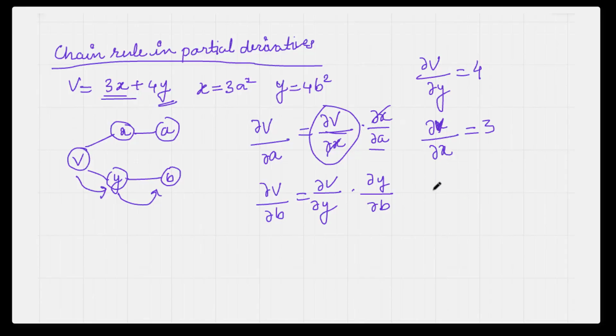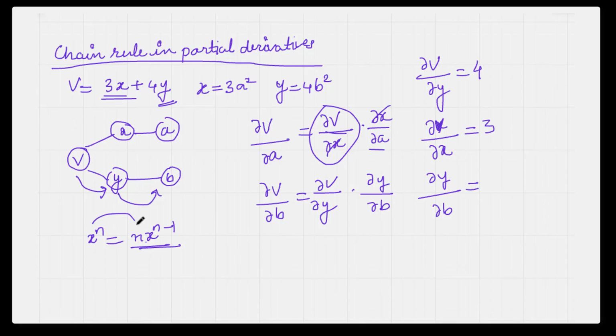Then next, we calculate del y by del b. Now y is nothing but 4b square. So we know the rule for derivatives of these types. Say I have x to the power n, then the derivative of this is nothing but n into x to the power n minus 1.